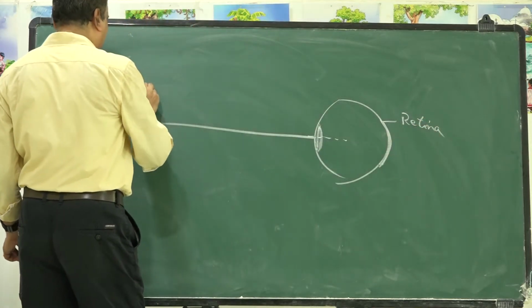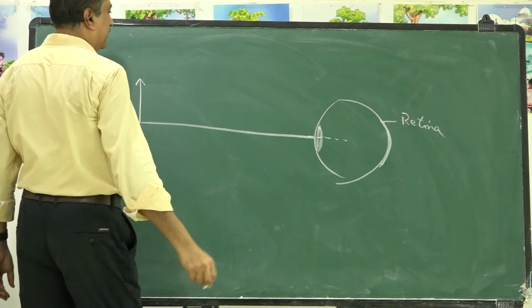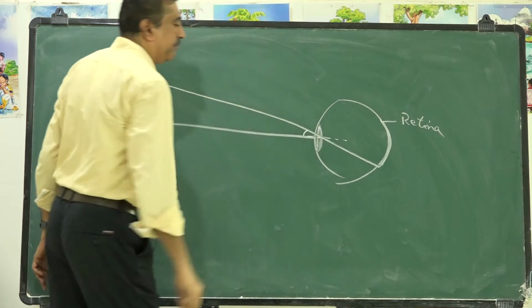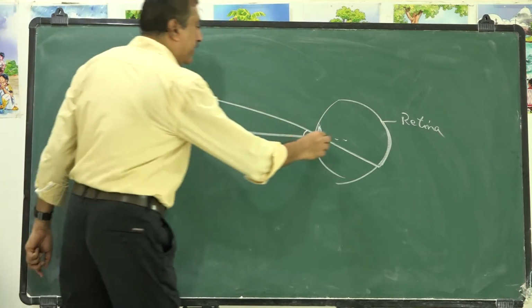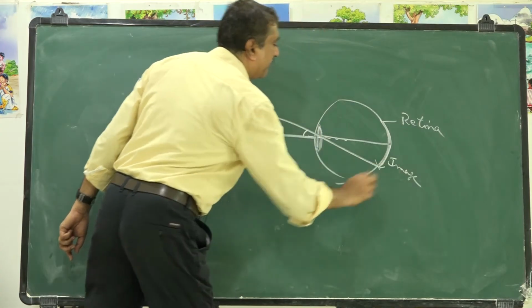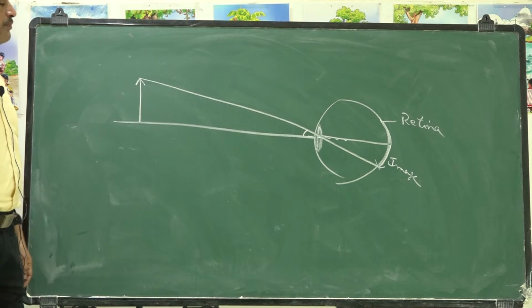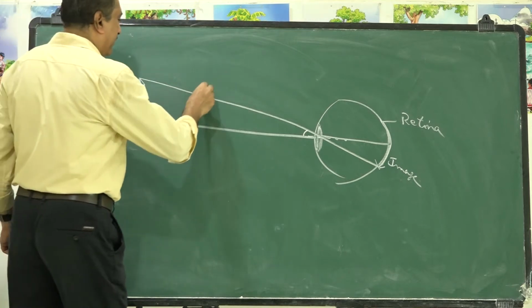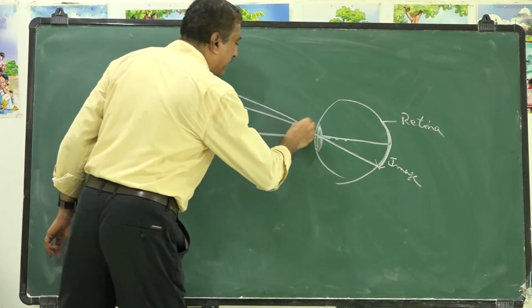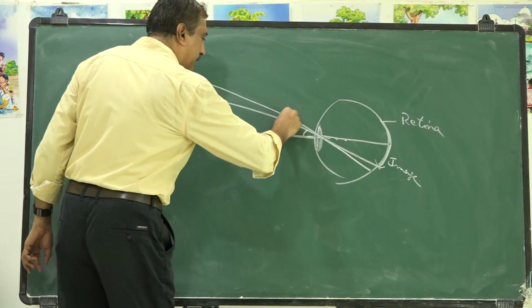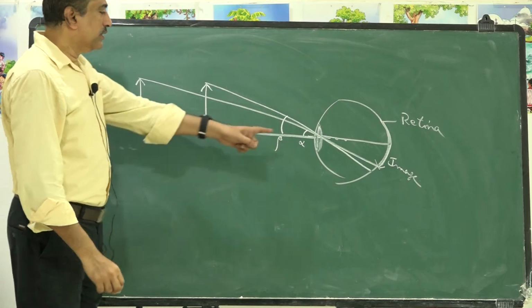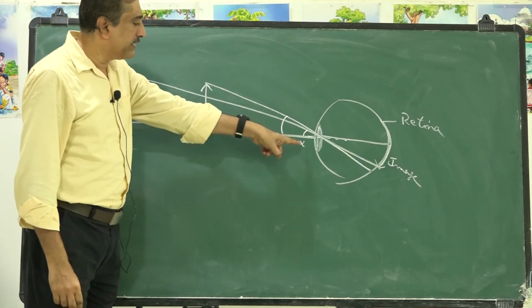If the object is at a point like this, it forms an image at this point, and this is the angle. If the object is at this other point, the angle subtended at the eye is like this. Let this be alpha and this be beta. It is observed that beta is greater than alpha.